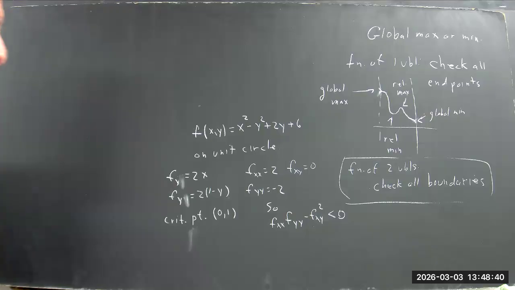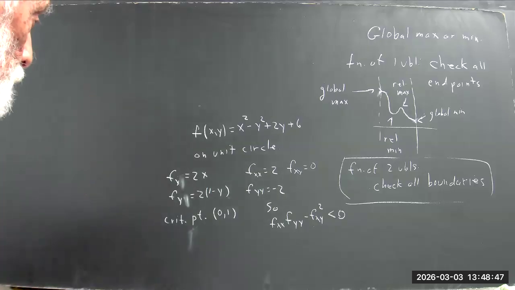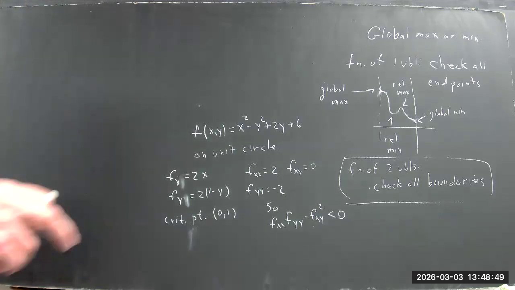So any global max on the unit circle has to be on the boundary.